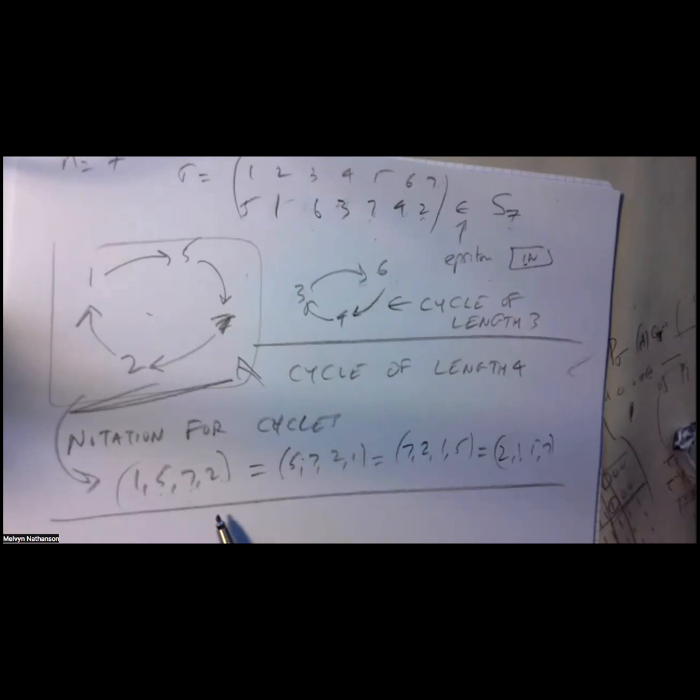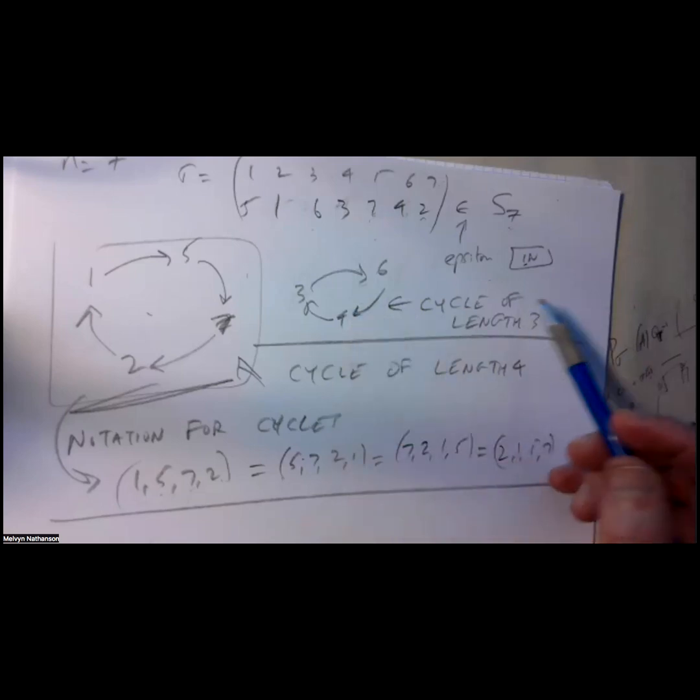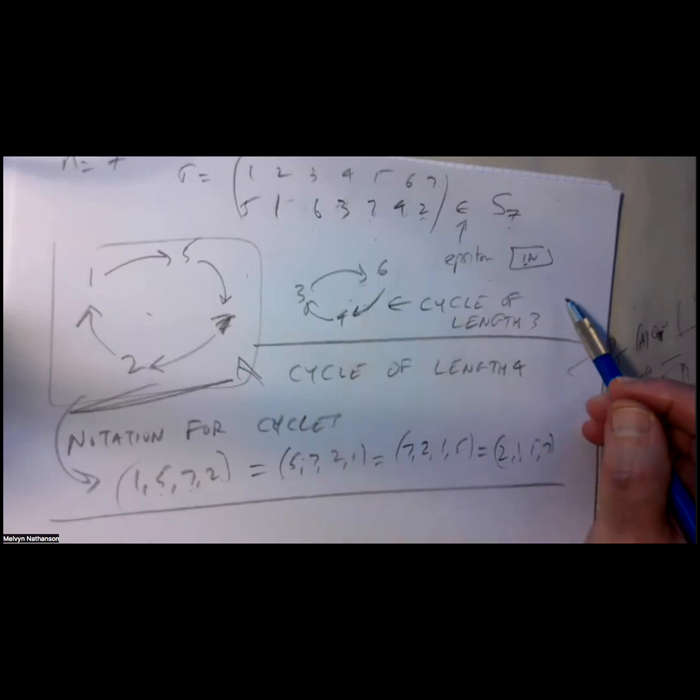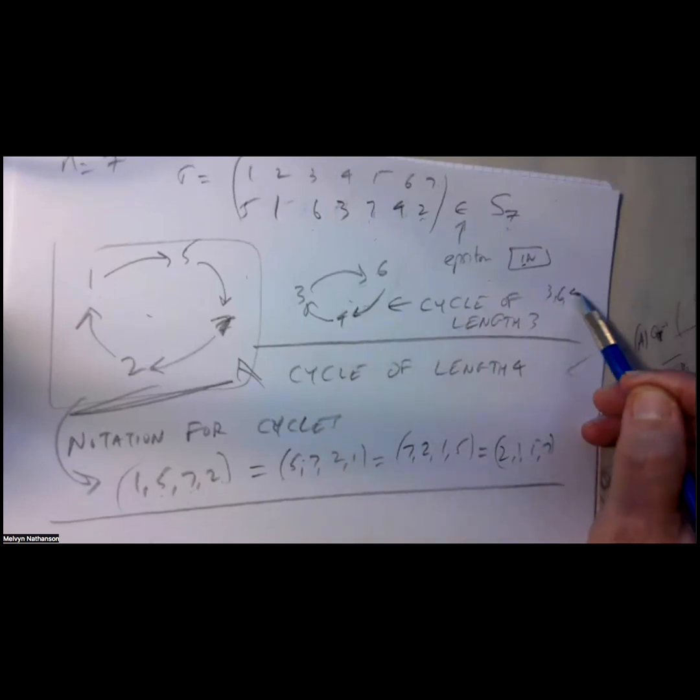And they look different because the numbers are in different orders, but they represent exactly the same permutation. All of these send 1 to 5, 5 to 7, 7 to 2, 2 to 1, 1 to 5, and so forth forever. This other cycle I could write as 3, 6, 4. 3 goes to 6, 6 goes to 4, and so forth.